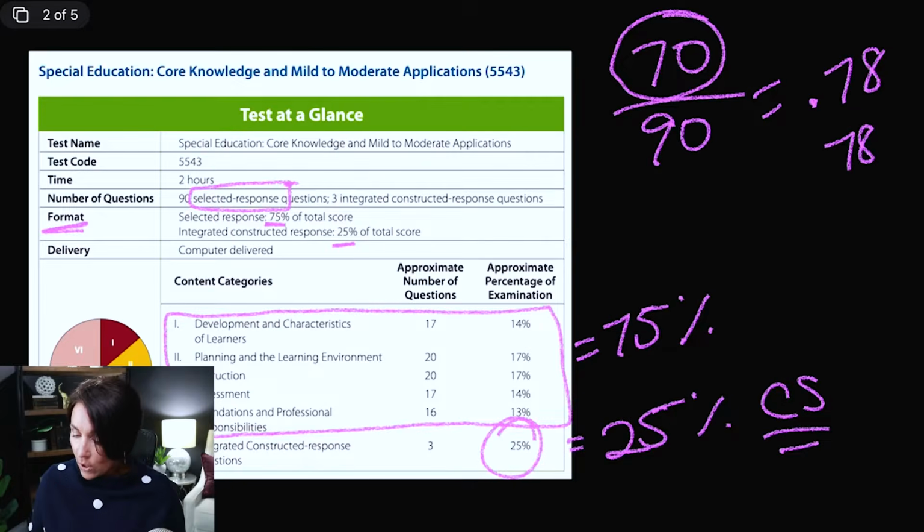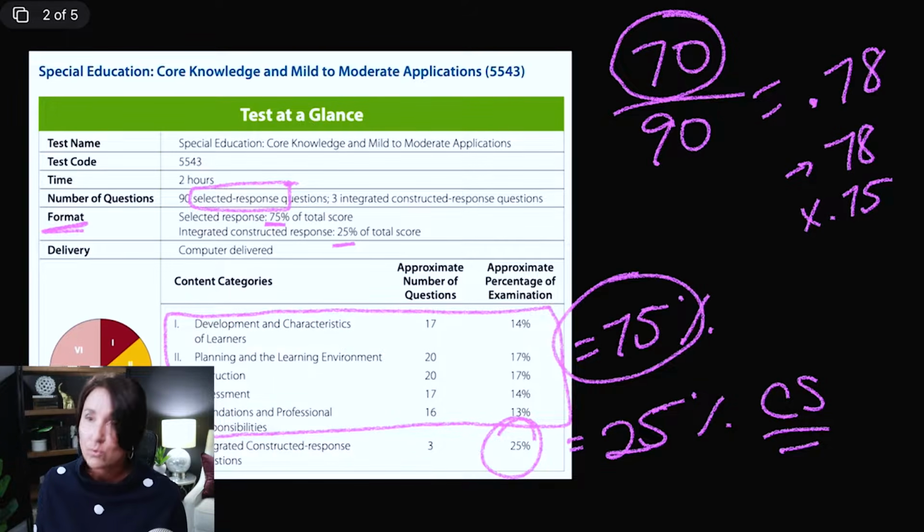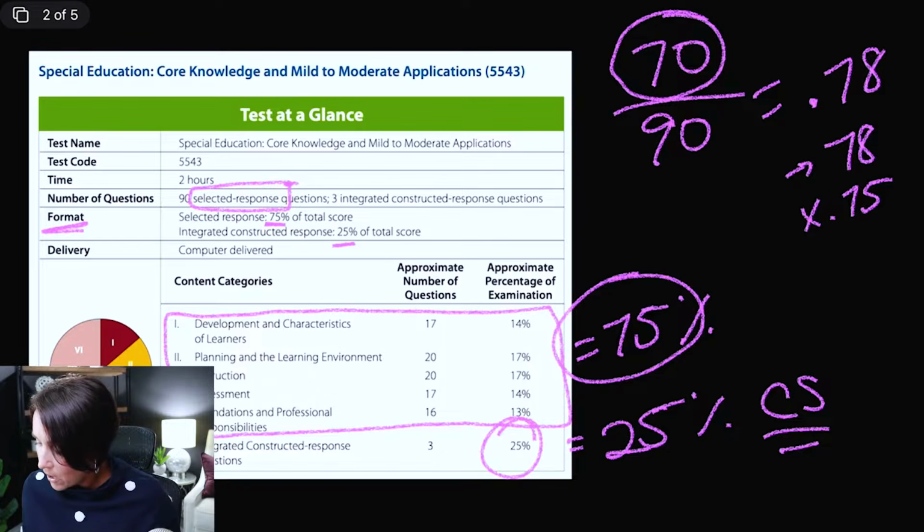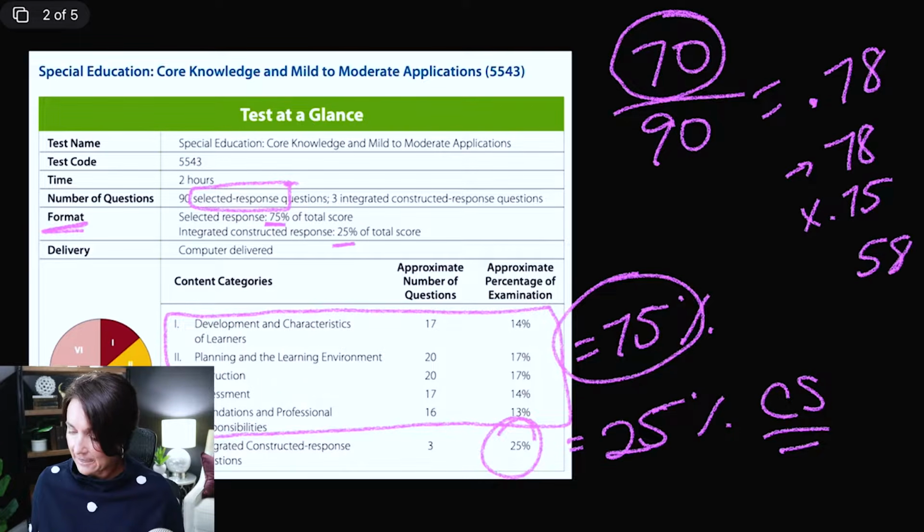Now, that is only 75% of my grade. So let's drop the decimal and just take this 78 here. I have to multiply that by 0.75 because it's only 75%. When I do that, I get approximately 58 or 0.58. But then I want to take that decimal off and keep it at 58.